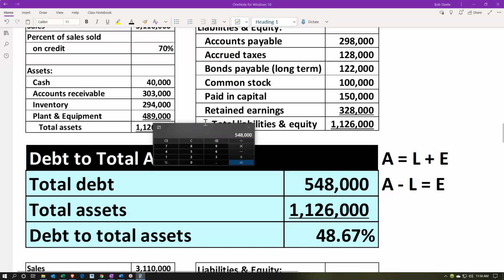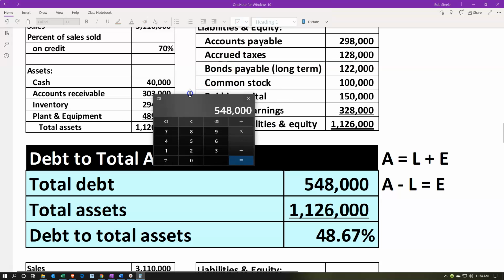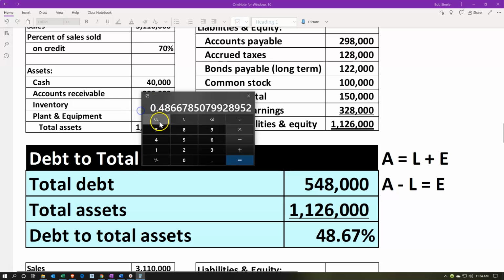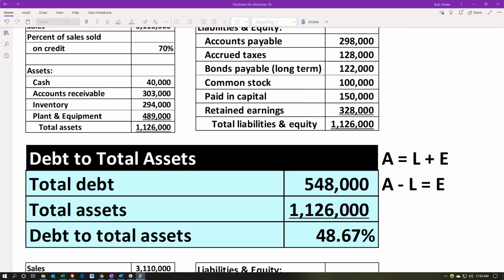The calculator got a little squished up there. Let me pull it out like this. Okay, so 548,000 divided by the 1,126,000. Moving the decimal 2 places over, that would give us about 48.67%.